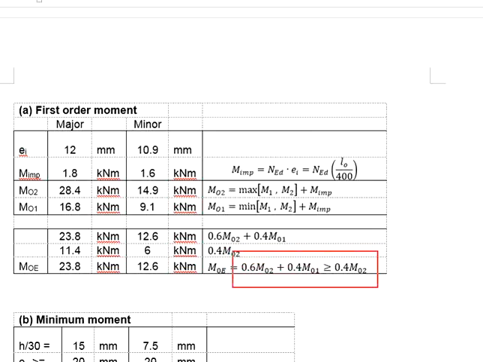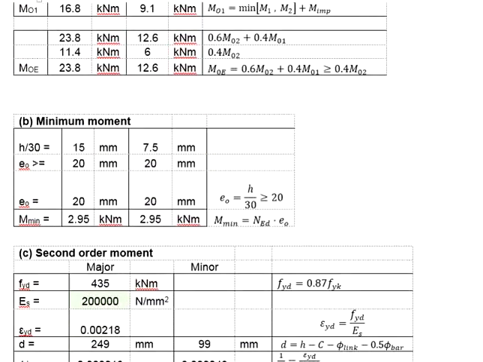The bigger value of the two shall be the M0e. Since these are bigger than this, therefore for the M0e you get 23.8 kilonewton meter in the major axis and 12.6 in the minor axis. Next, we want to determine the minimum moment, which is the M min.